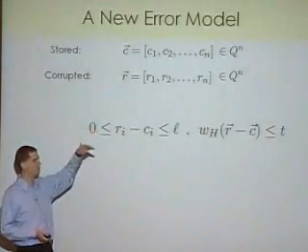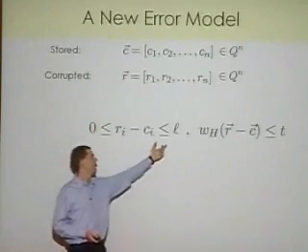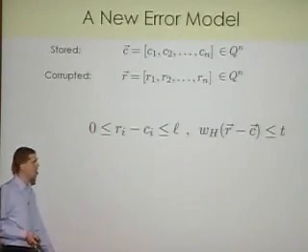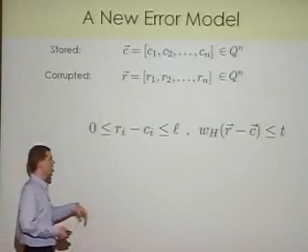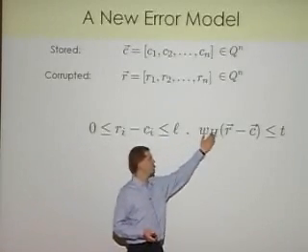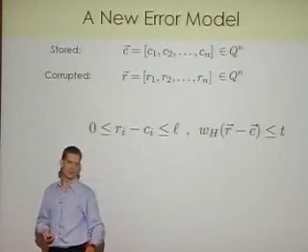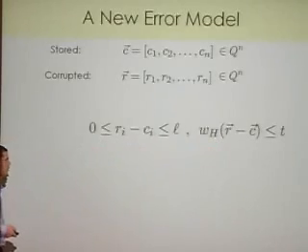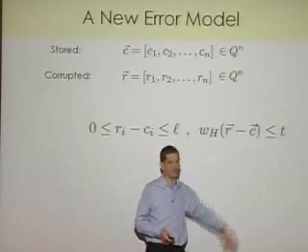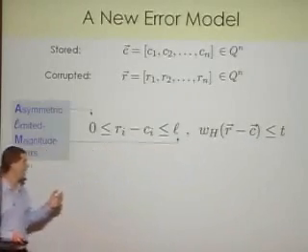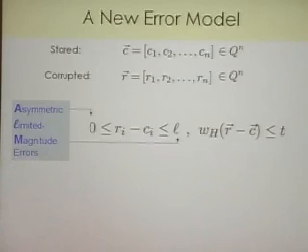We only go in one direction. And it's not bigger than L, which means we have limited magnitude of the error. And also, for the whole vector, we say how many errors we allow the model to introduce. That's a measure of the severity of the errors. So we have two parameters, L and T. We call this model codes for asymmetric limited magnitude errors, which we call in short ALM.